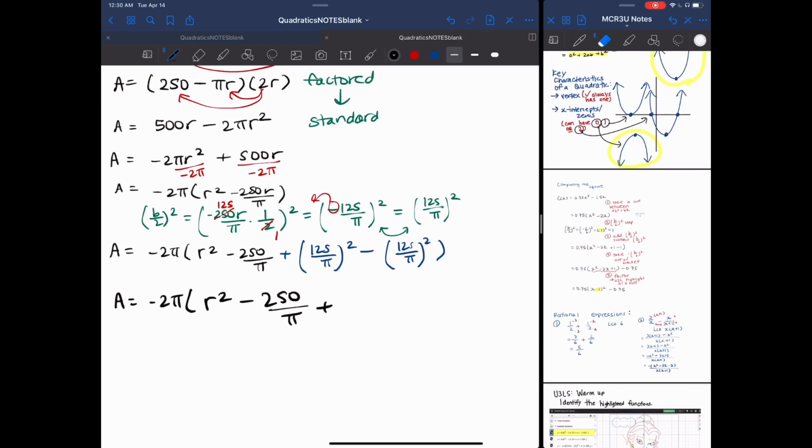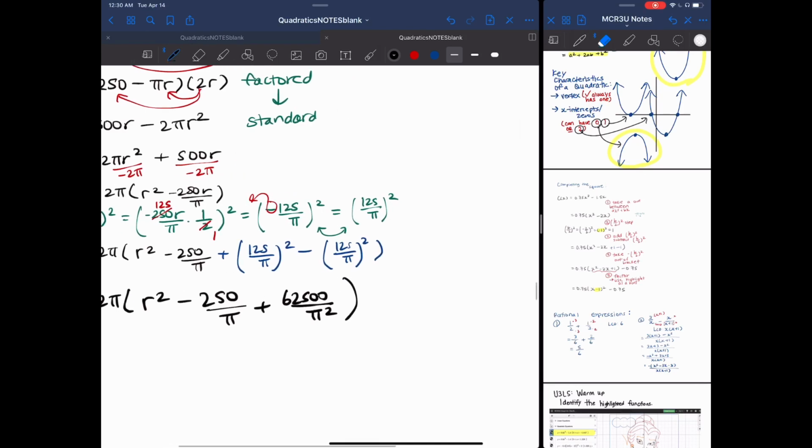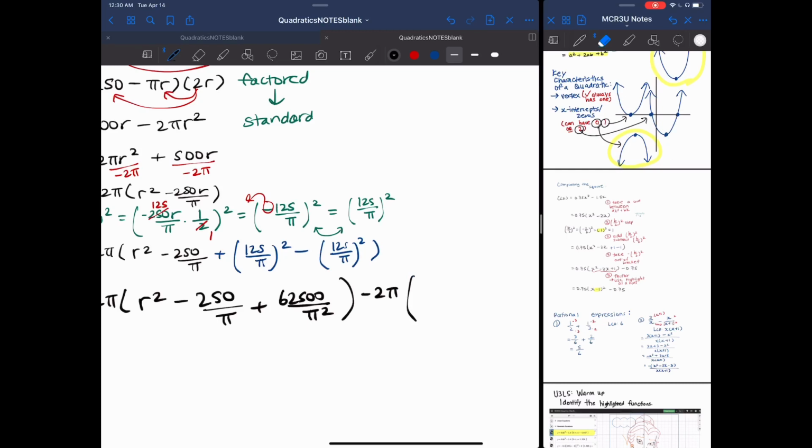At this point, I'm going to expand that out. 125 squared is equal to 62,500 over pi squared. And then I get that out of the brackets. So what I have is negative 2 pi times negative 125 over pi bracket squared, something like that.